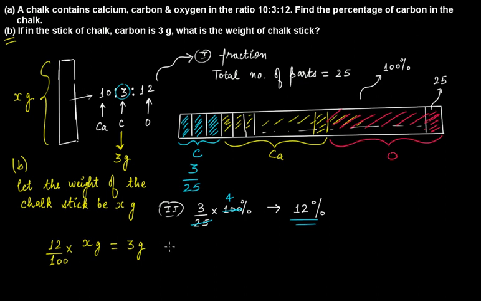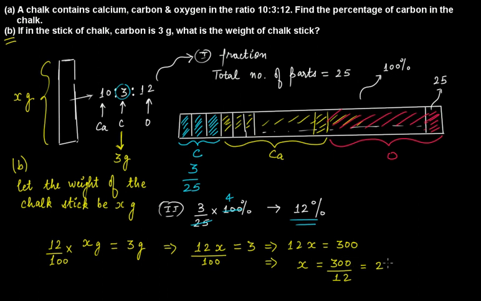So now if you solve it, you get 12x over 100 is equal to 3, and then 12x becomes 300, and if you divide x as 300 divided by 12, 12 times 2 is 24, so 25 gram.